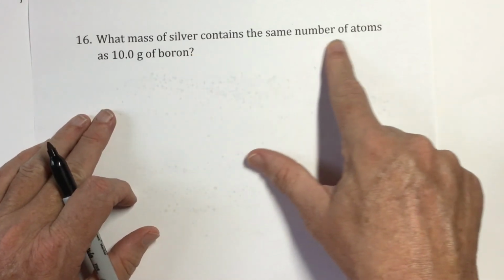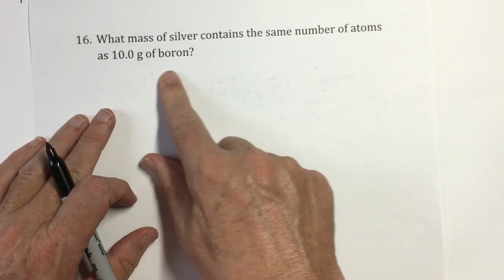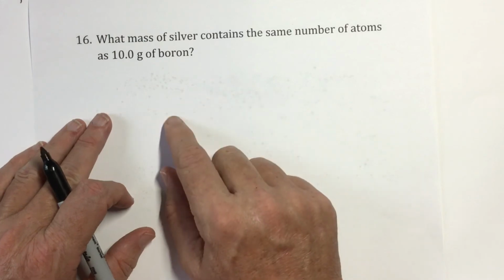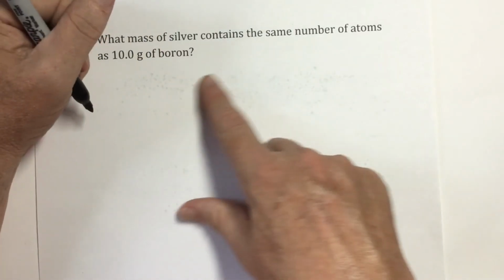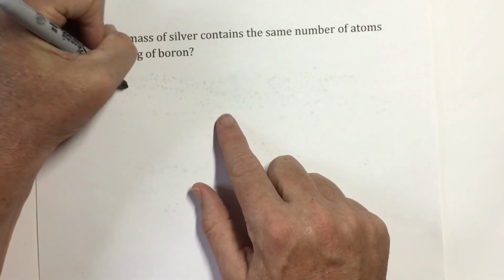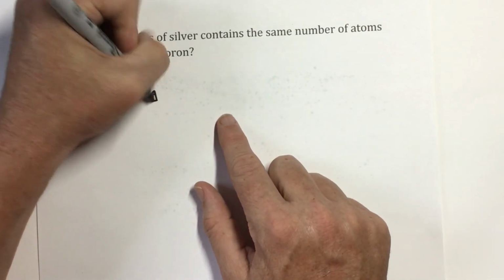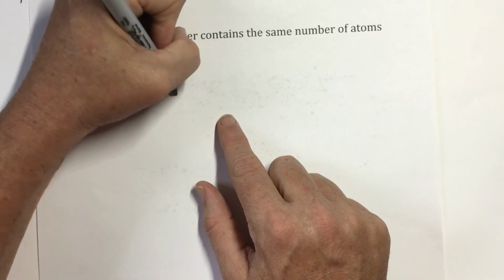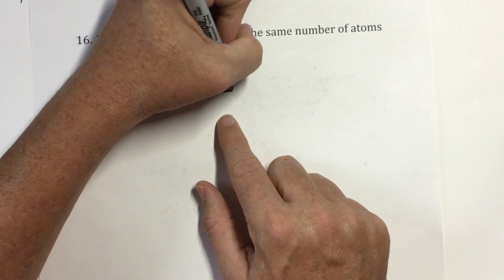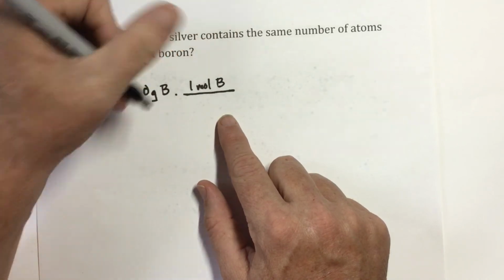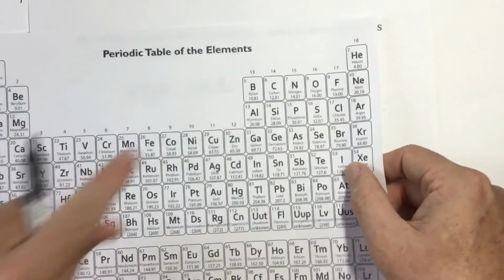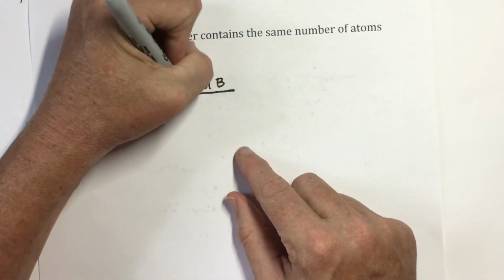What mass of silver contains the same number of atoms as 10 grams of boron? What a fine question. Let's start with finding out how many atoms are contained in 10 grams of boron. So 10.0 grams of boron. First, I will convert that to moles, so I know that 1 mole of boron is equal to 10.81 grams of boron.